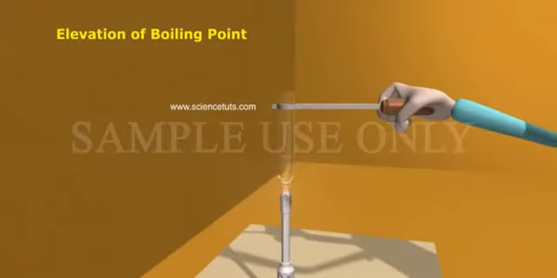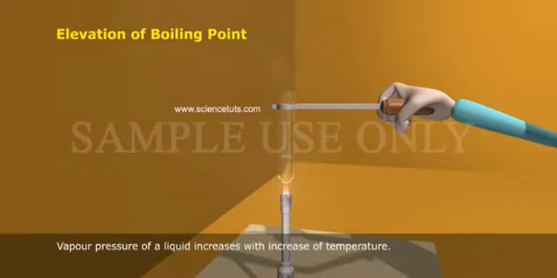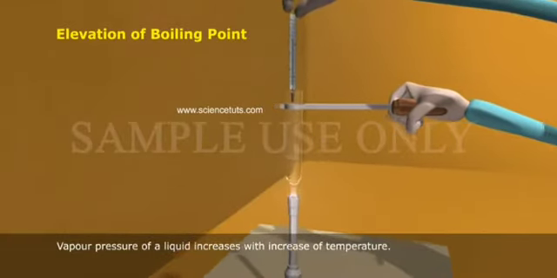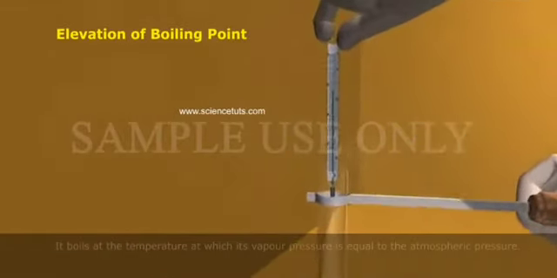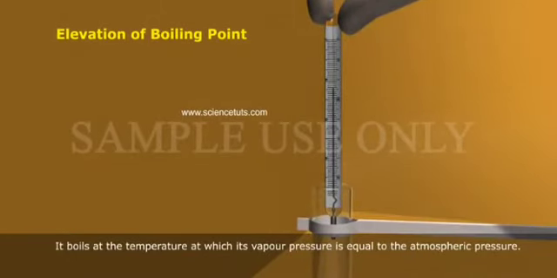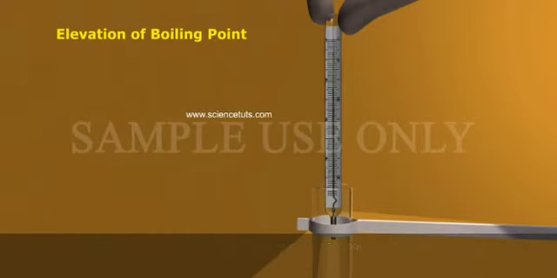Elevation of boiling point. We have learnt in Unit 5, Class 11, that the vapor pressure of a liquid increases with increase of temperature. It boils at the temperature at which its vapor pressure is equal to the atmospheric pressure.